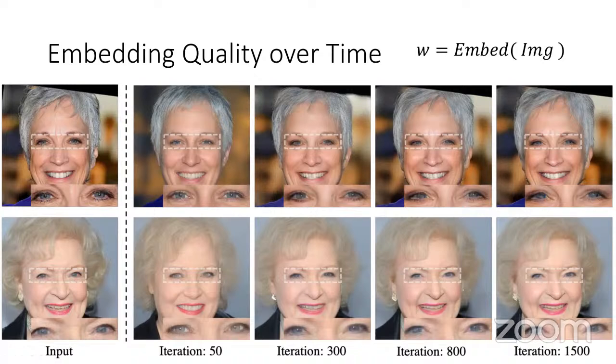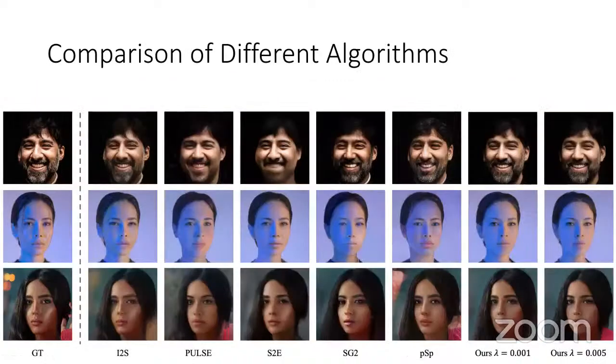So this embedding generally is a trade-off between how well you can optimize the pixel-wise loss, so how close you can really get to the input image, and how semantically meaningful it is. While the L2 error, the pixel-wise error, might be lower, in the end the overall quality is not that high. So here's a comparison of different algorithms.